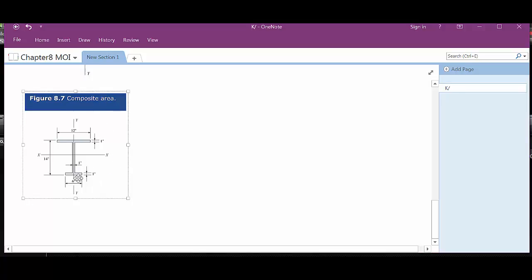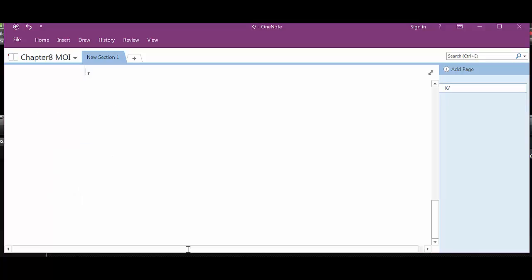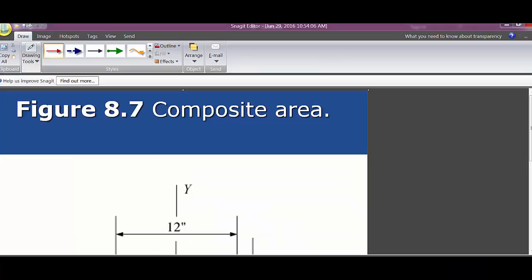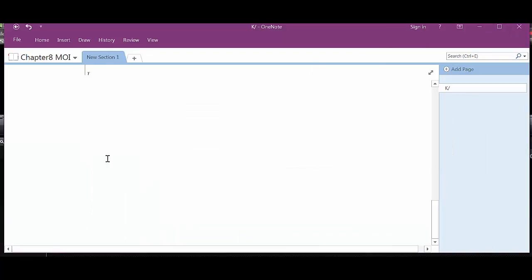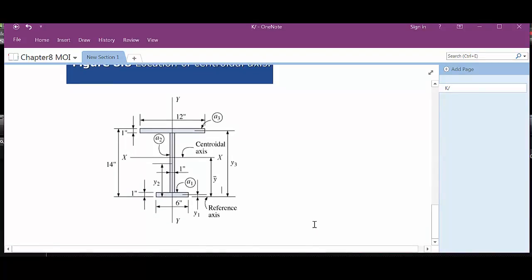And this XX, that would be the centroidal axis, right? Okay. But I don't want that picture really. I want a different one. This one. See if we can make that smaller.